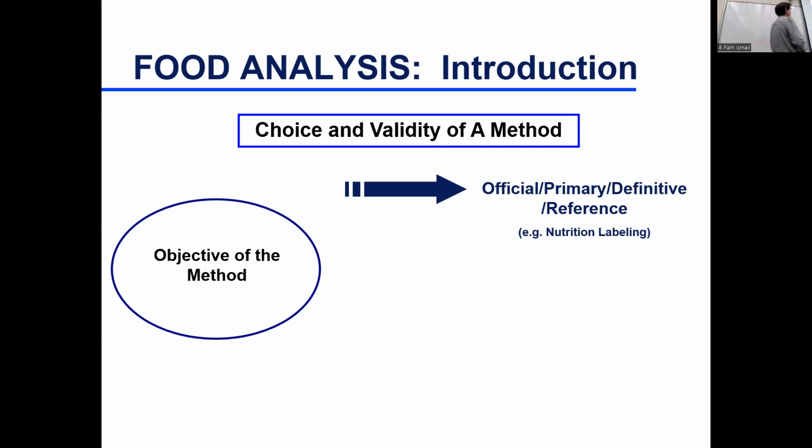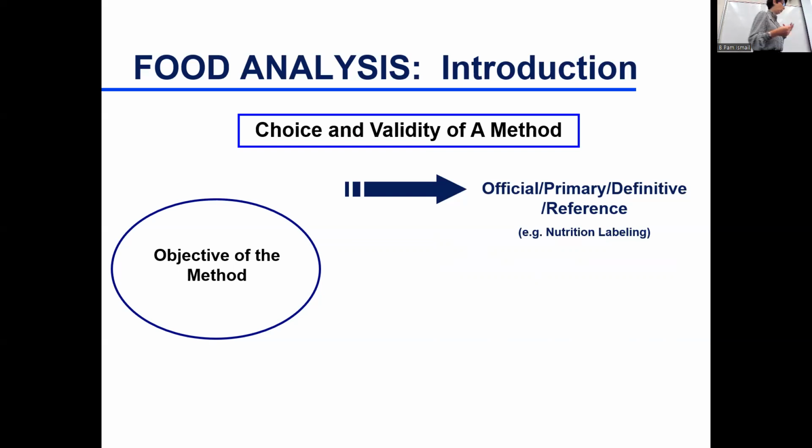Okay, do I want to do a nutrition label? If I need to do analysis to produce a label, I really need to use official methods of analysis. Official methods of analysis means they have been tested and verified by an official agency, like the AOAC.